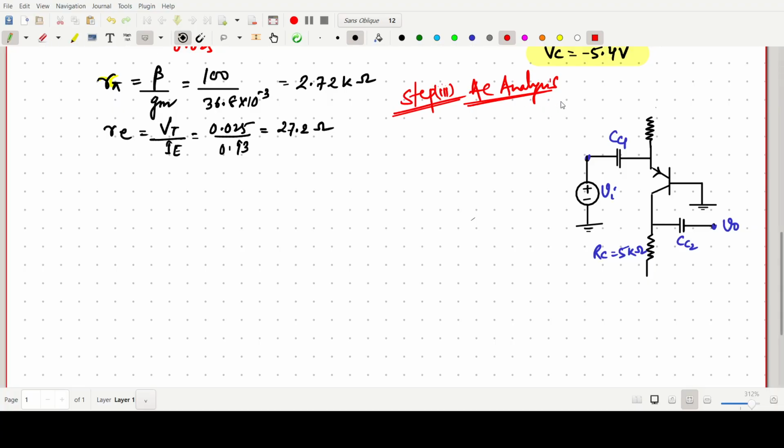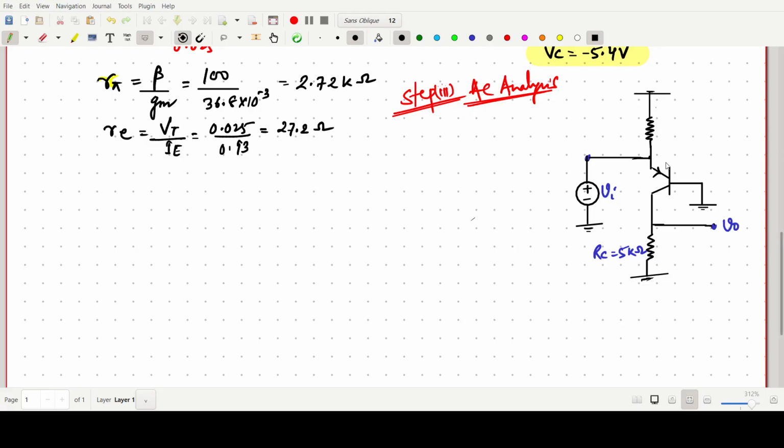And the capacitor will now be shorted. So this should be grounded.